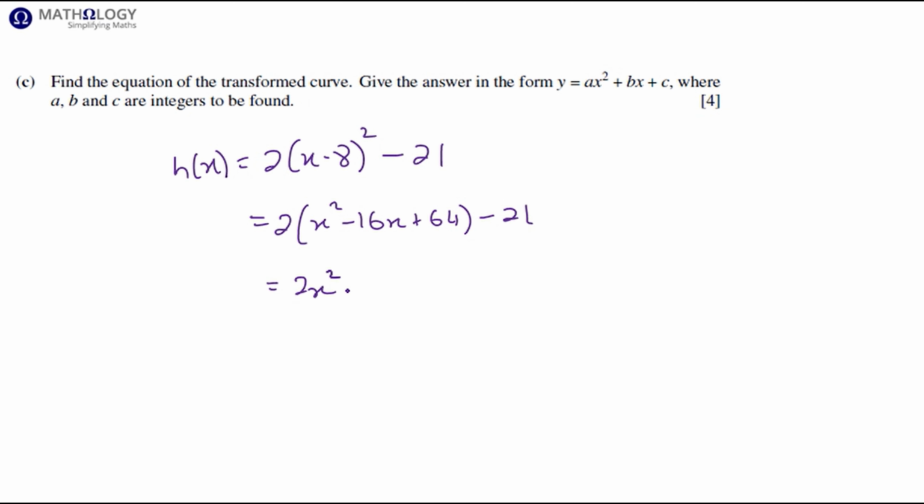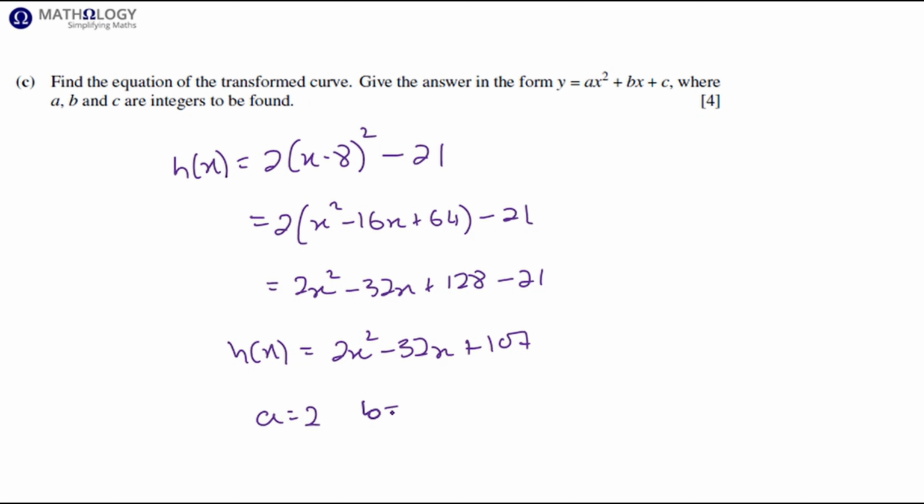That's 2x squared minus 32x plus 128 minus 21. So h of x equals 2x squared minus 32x plus 107. So a is therefore 2, b is minus 32, and c is 107.